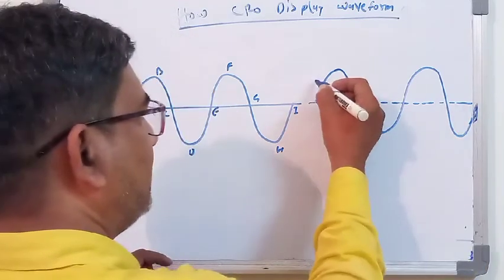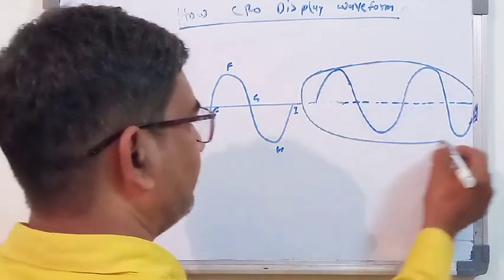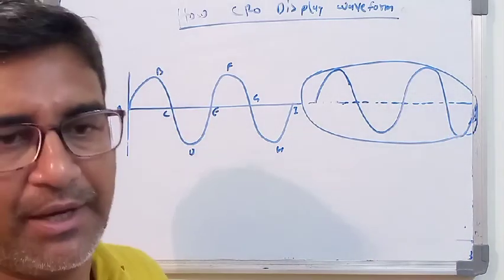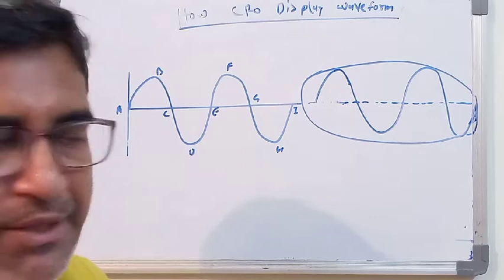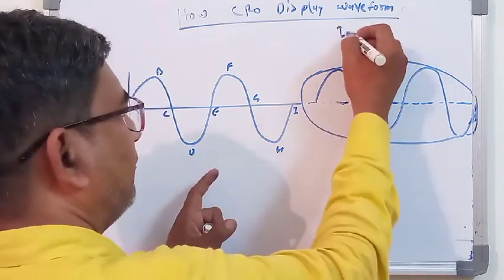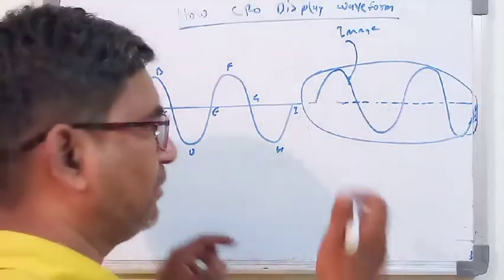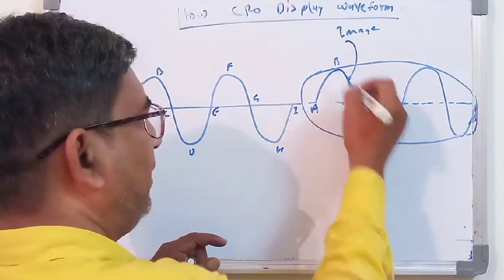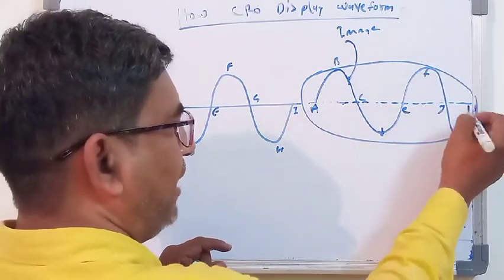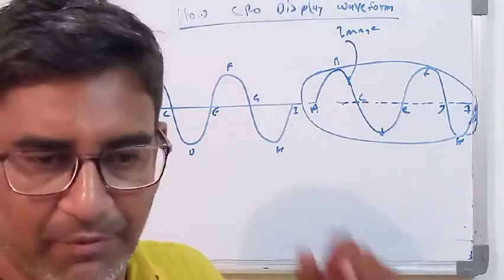So this is the value which will occur, and that value will again be marked, and you get the image. This is the image of this wave. We have marked the values A, B, C, D, E, F, G, H and I. The same values we get in that wave.